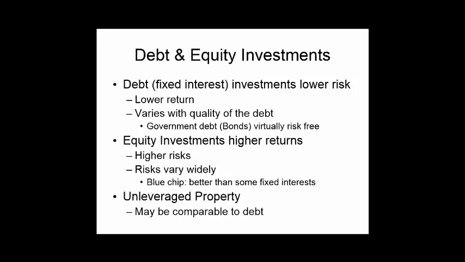The result is that there's quite a spectrum of possibilities in both debt and equity that gives a variety of returns from rather conservative amounts with government debt right up to adventurous high expected returns with speculative equity investments, and all of those have a spectrum of risk associated.